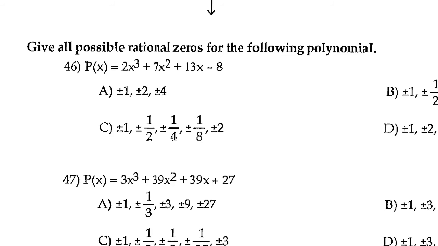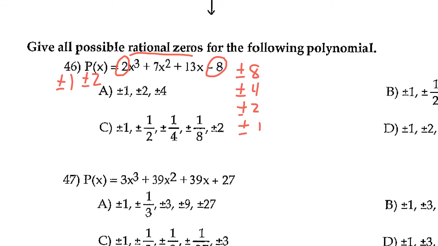Okay, maybe we remember from class that the possible rational zeros exist by all of the possible combinations of the factors of the lead term and the constant term. So let's start with the factors of 2: positive and negative 1, positive and negative 2. Let's start with the factors of negative 8: positive and negative 8, positive and negative 4, positive and negative 2, positive and negative 1.